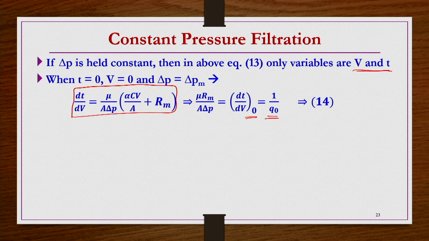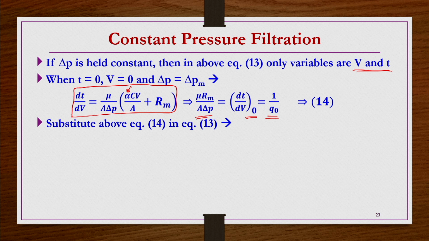At t equal to 0, there is no cake formation, so alpha is 0. So what we can write is dt by dv at t equal to 0 is equal to mu by A delta p multiplied by rm, or mu rm by A delta p, that is nothing but 1 by q naught. So if you know 1 by q naught from some experimental information, you can get the rm value.